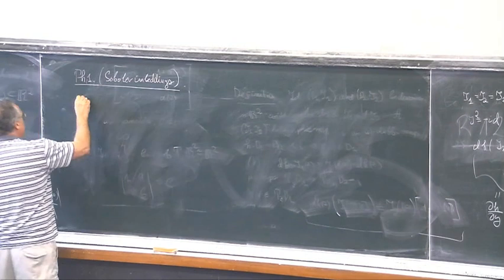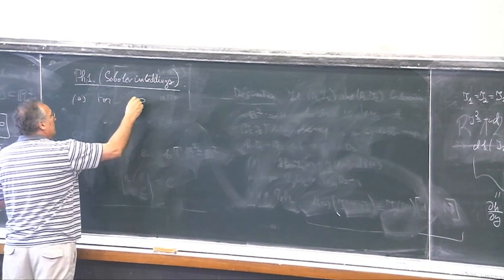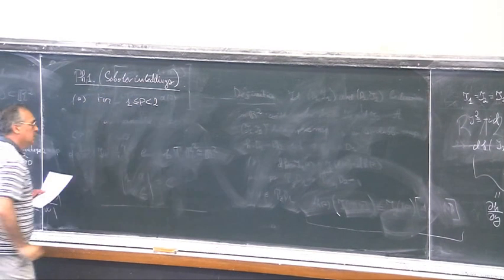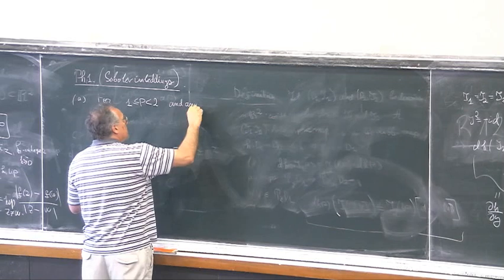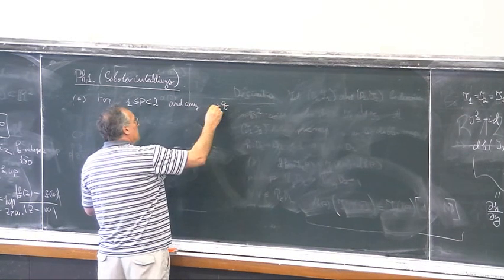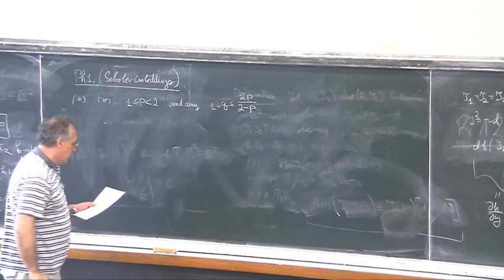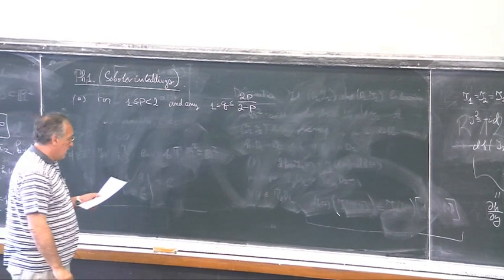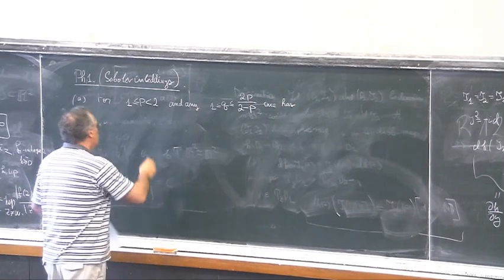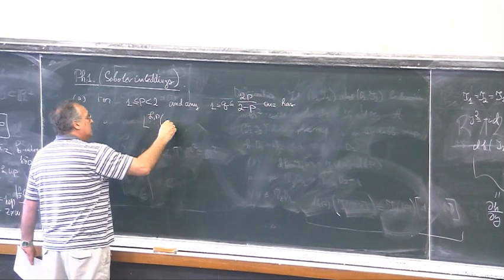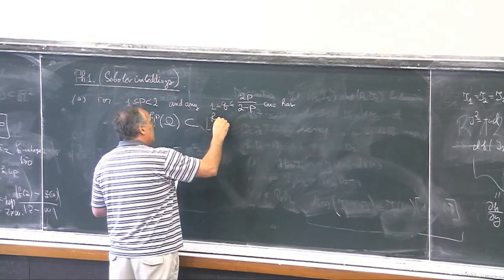First statement: for p between 1 and 2, not including 2, and any q between 1 and 2p over 2 minus p, one has the following embedding: L^k_p of Omega embeds into L^(k minus 1)_q of Omega.